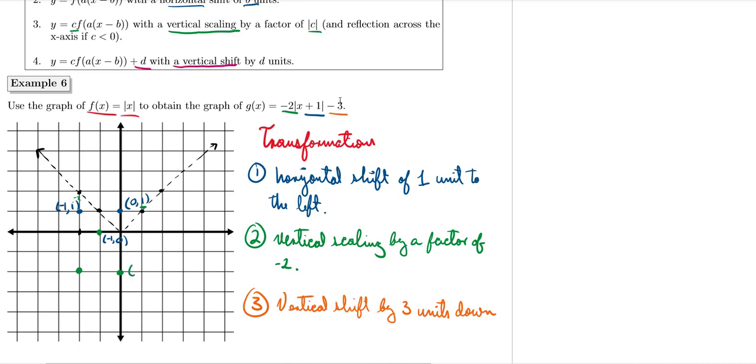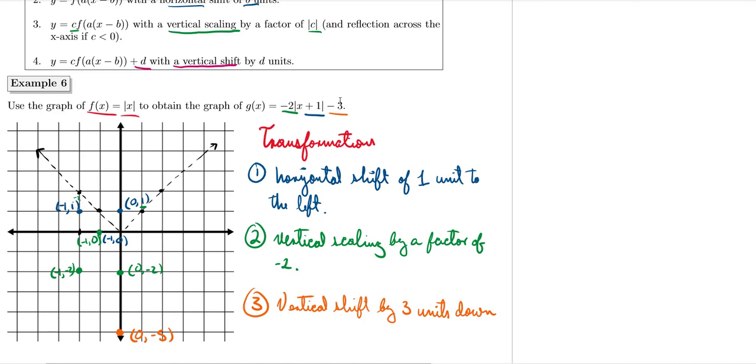If this point right here was at 0 comma negative 2, this one here was at negative 1 comma 0, and this one right here was at negative 1 comma negative 2. Then shifting the y values by 3 units, 1, 2, 3, there we go. We're going to be at 0 comma negative 5.